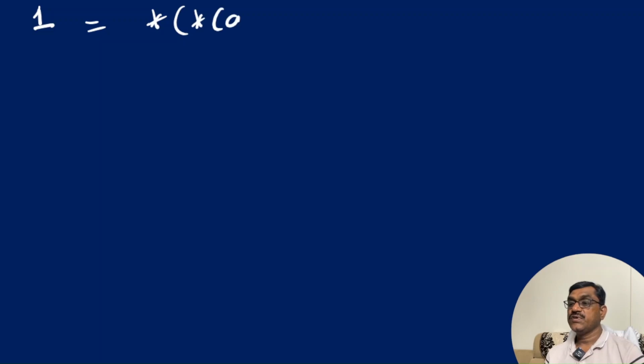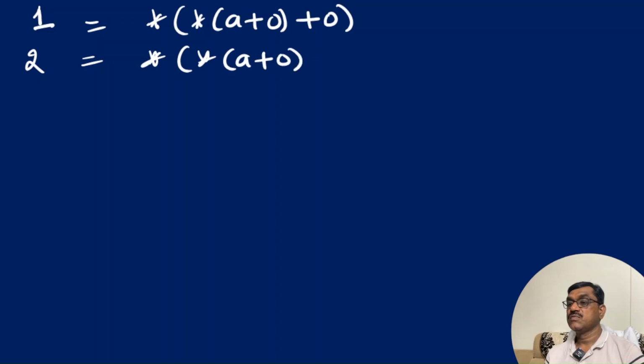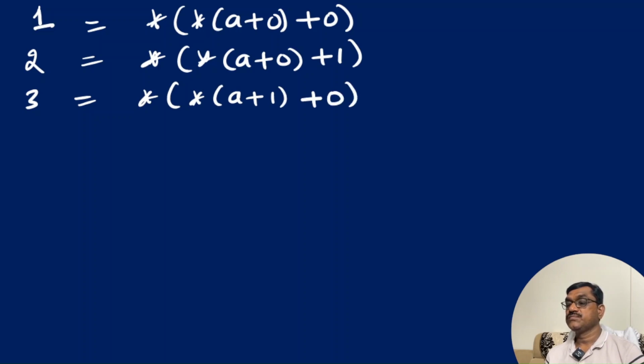Here, in the general case, the first element 1 is accessed like this: star of star of a plus 0 plus 0. And the second element 2 is accessed like this: star of star of a plus 0 plus 1. And the third element is accessed like this: star of star of a plus 1 plus 0.